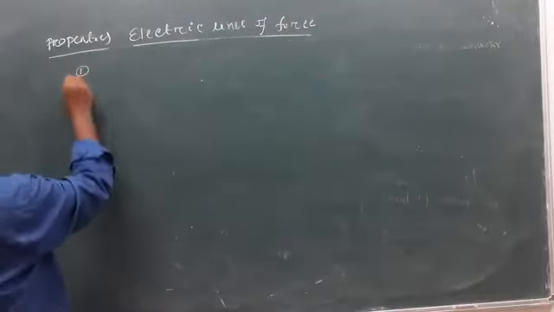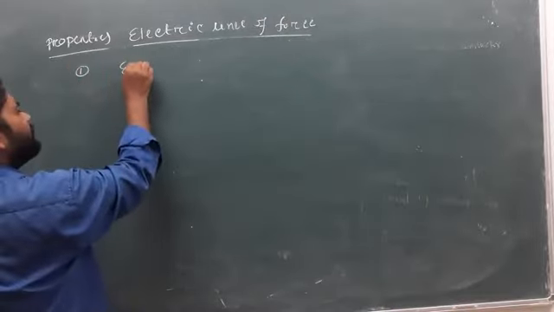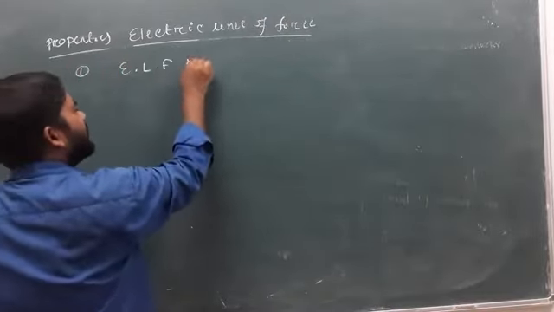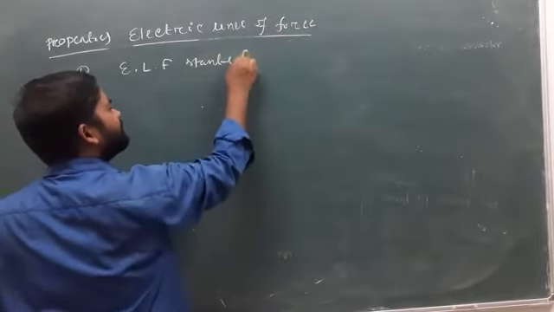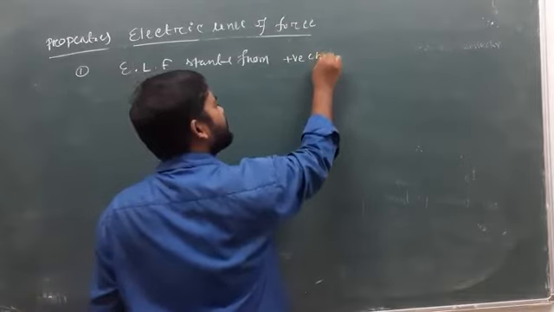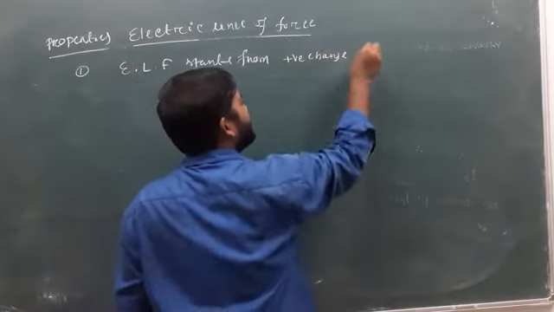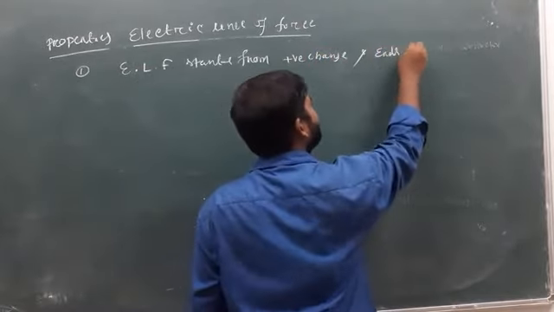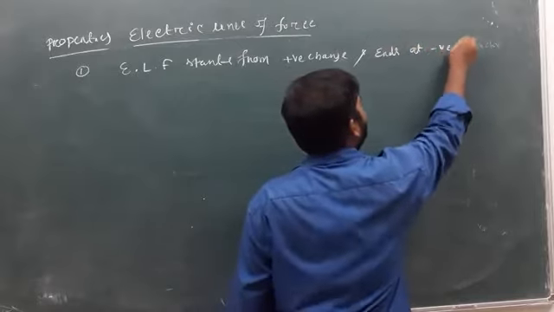First property: electric lines of force start from a positive charge and end at a negative charge.